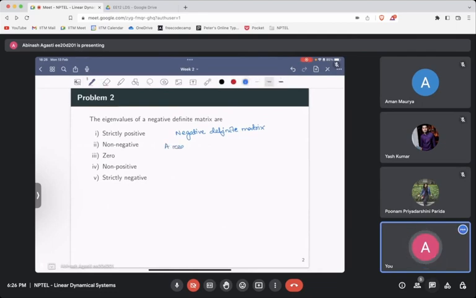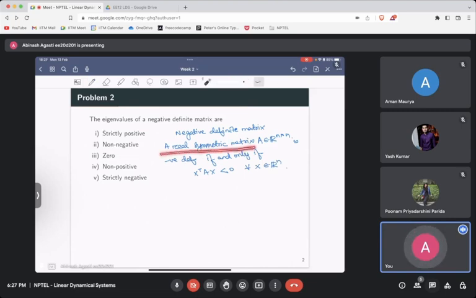A real symmetric matrix A in R^(n×n) is negative definite if and only if X transpose AX is strictly less than 0 for all possible nonzero vectors X in R^n. So this is the definition of a negative definite matrix.